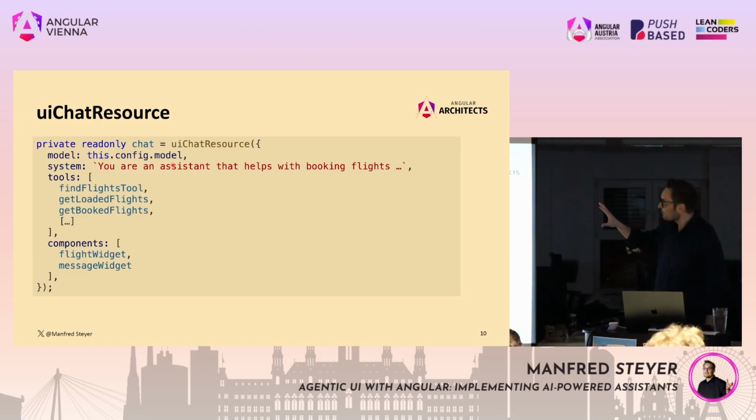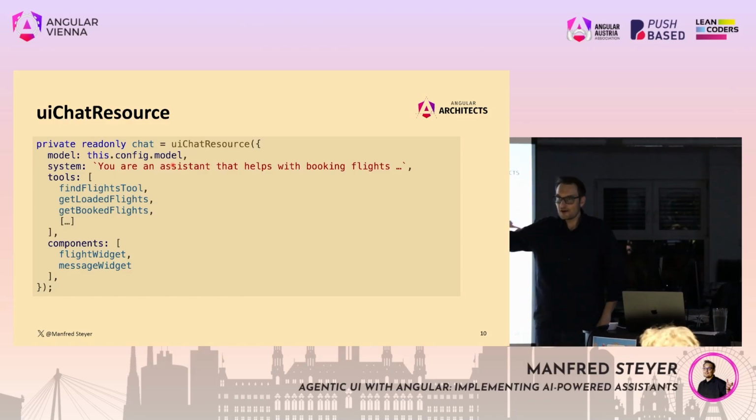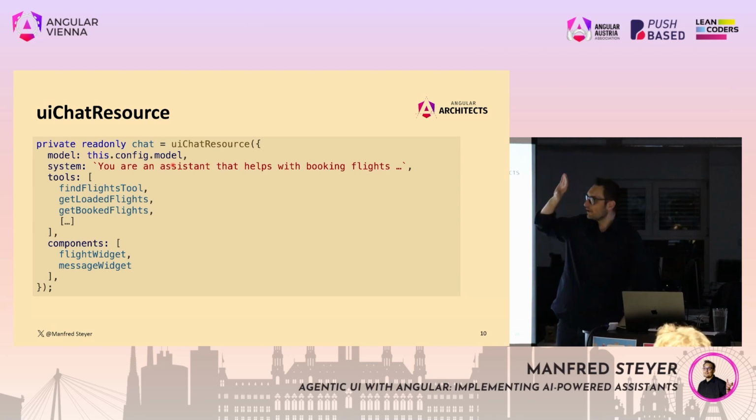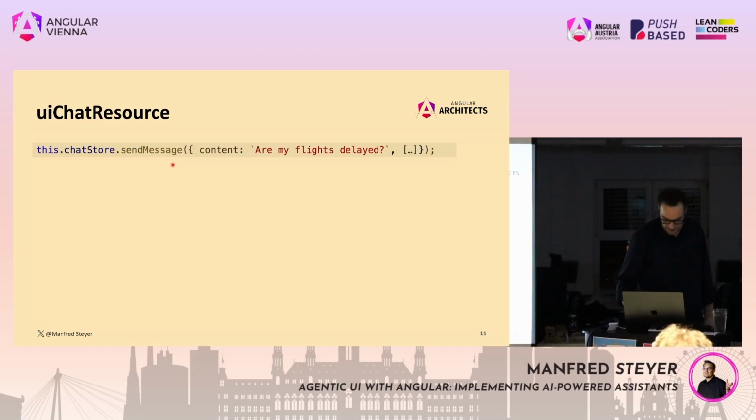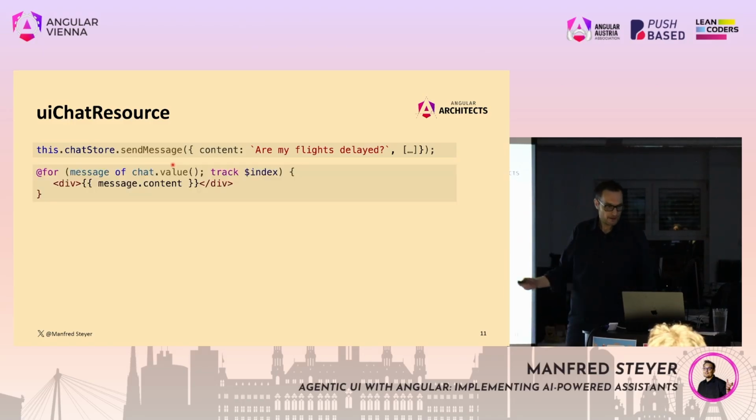When we have this resource, we can read all the data we have received and displayed in the chat, our messages, but also the messages from the LLM. It's just an array exposed by the resource's value. And besides this, we get some extra methods like send message, where we can send up our question.